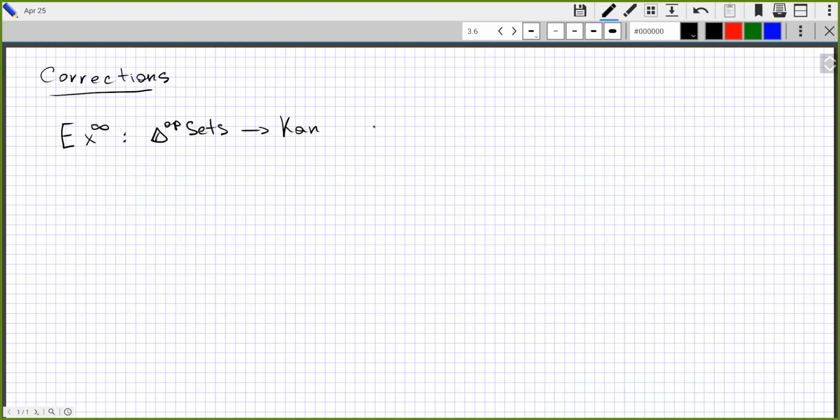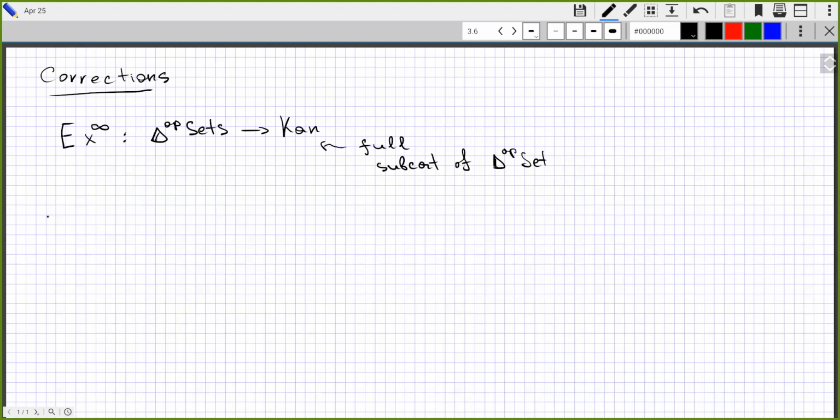And this is how we will be denoting the category of Kan complexes. Basically, it is a full subcategory of simplicial sets, but I think we will discuss it later also.